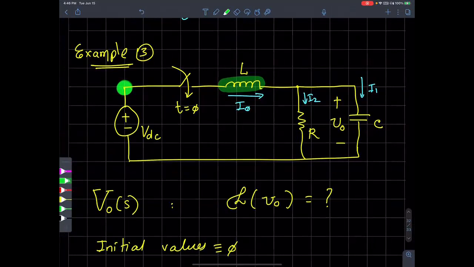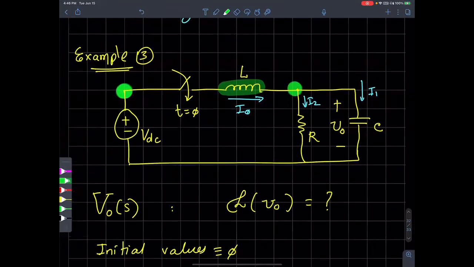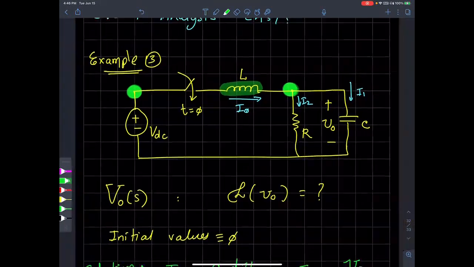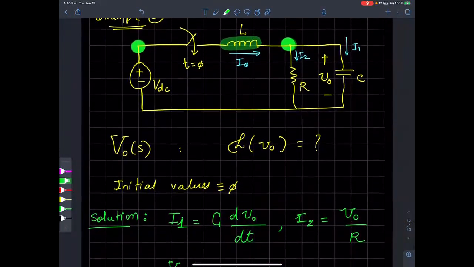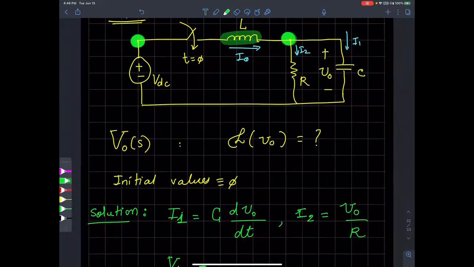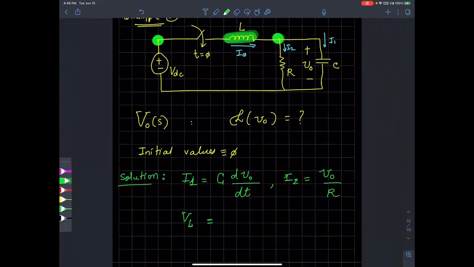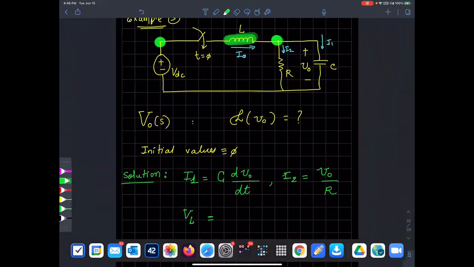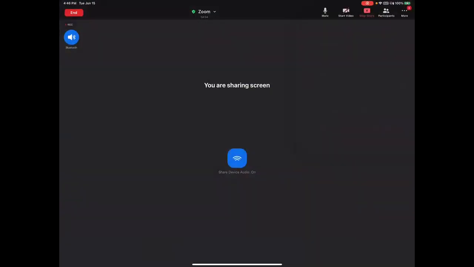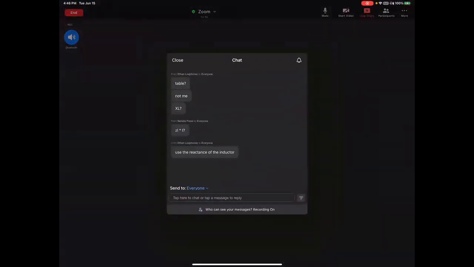I know one voltage on the left terminal, and I have a variable that defines the voltage at the right hand terminal. So what would be the expression for the voltage across the inductor here in terms of its terminal voltages? ZL times I is correct. Using the reactance of the inductor is correct.